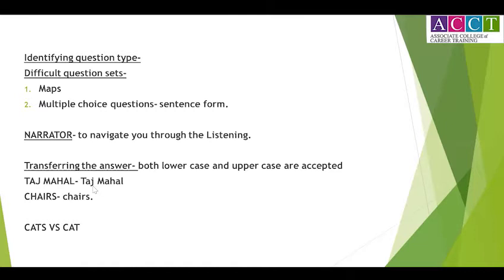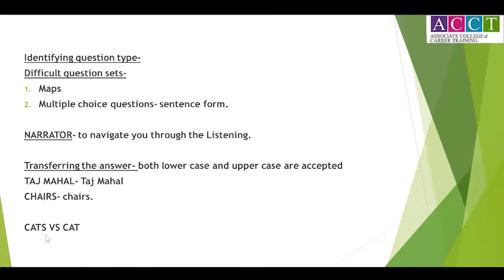For example, if the answer was in a proper noun form and you transferred that proper noun in small letters, including the initials, then even if you have written the answer in correct spelling, you will still be getting zero for that. Then it is the singular or the plural.